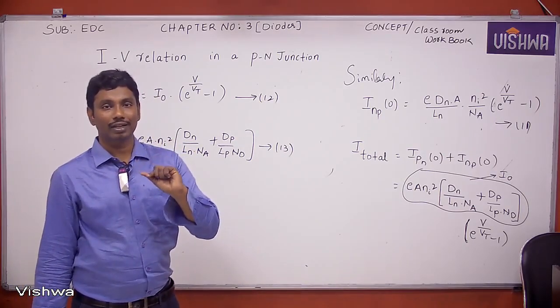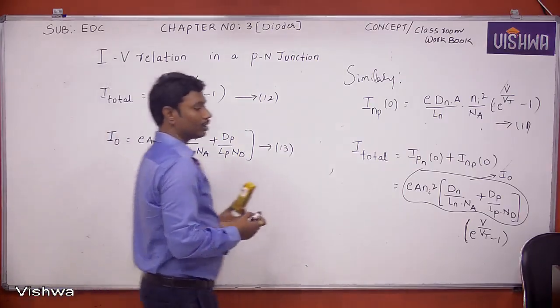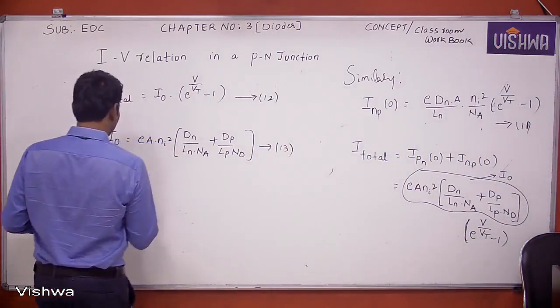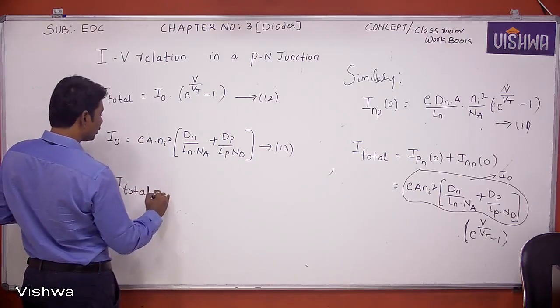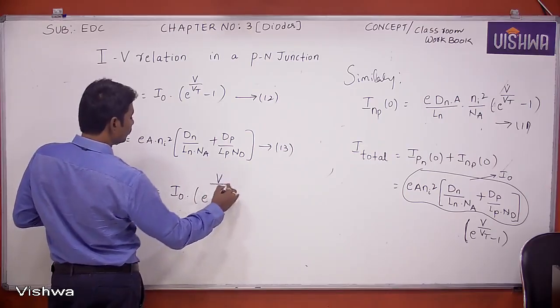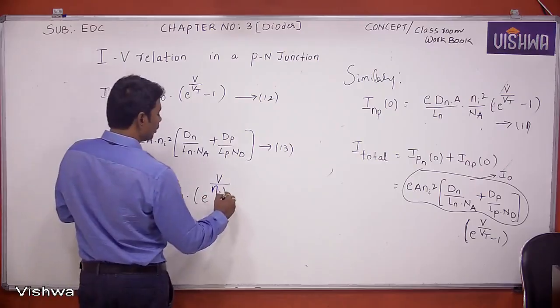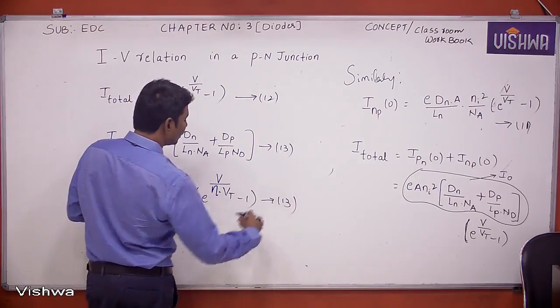To minimize this error, we introduce a new term in this equation. This new term is called eta. That is, I total is equal to I naught into e power V by eta Vt minus 1. Now this can be considered as equation 13.